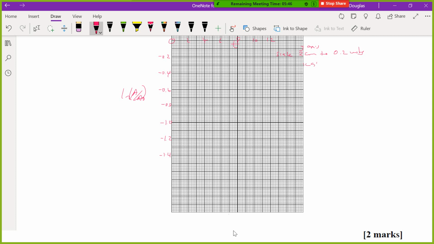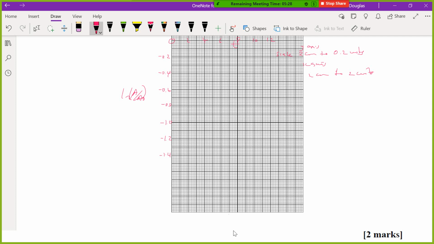And for the x-axis, 2 centimeters to 2 units. So the first point we're looking to plot is 2 and negative 2.4.